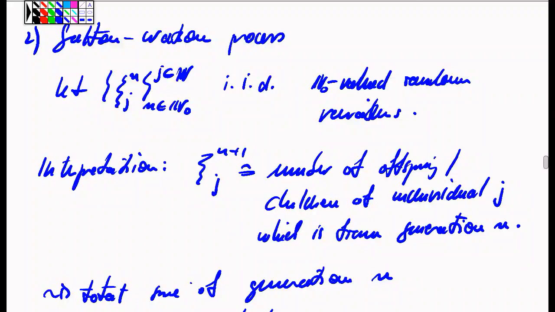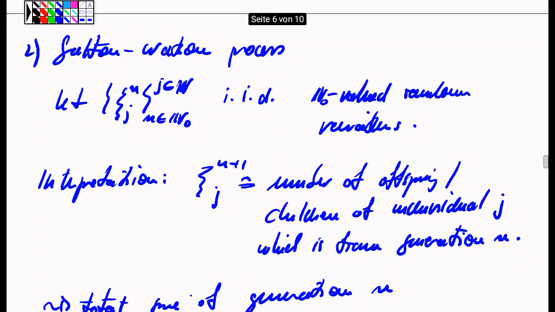The next nice application of this martingale theory is the Galton-Watson process, which is a mathematical model for the family tree, or for the number of members of a generation of a certain family.